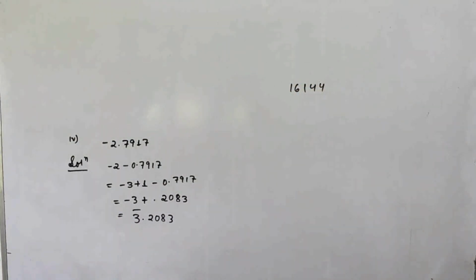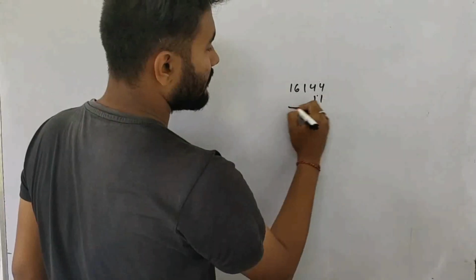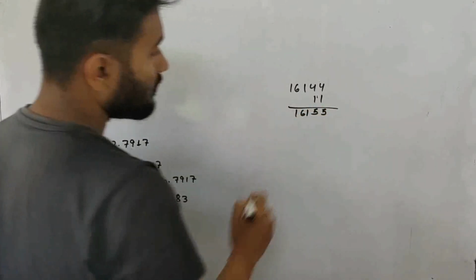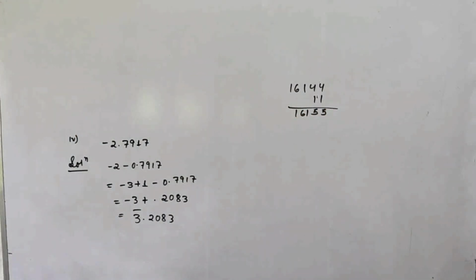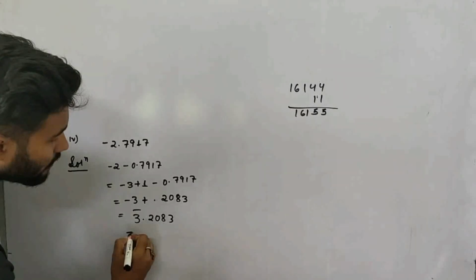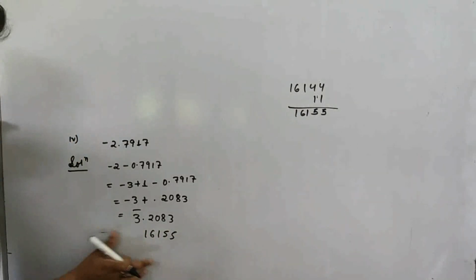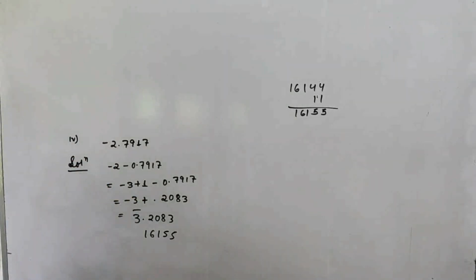And then 8 and 3, okay. 16144, 8 and 3, that's 11. Plus 11. So 5, 5, 1, 6, 1, 5, 5. How much I will get? I will get 16155.